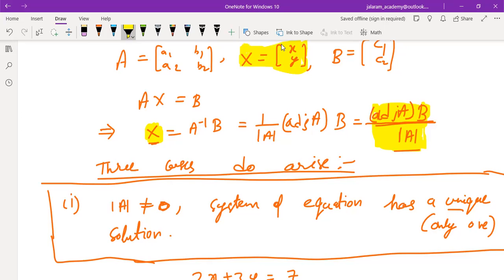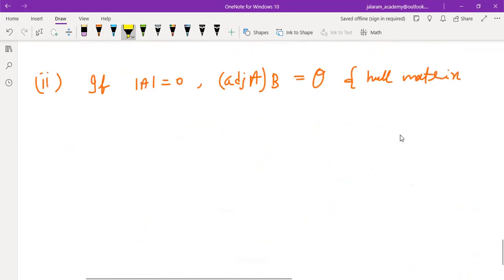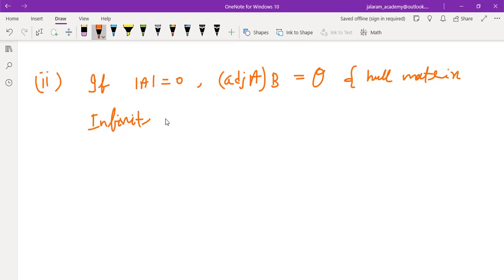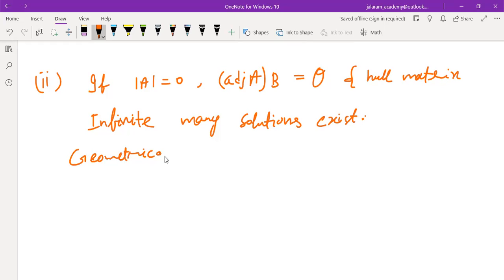If adjoint of A into B is a null matrix, then remember there will be infinitely many solutions. So what is the geometrical interpretation of this? The lines are coinciding lines.